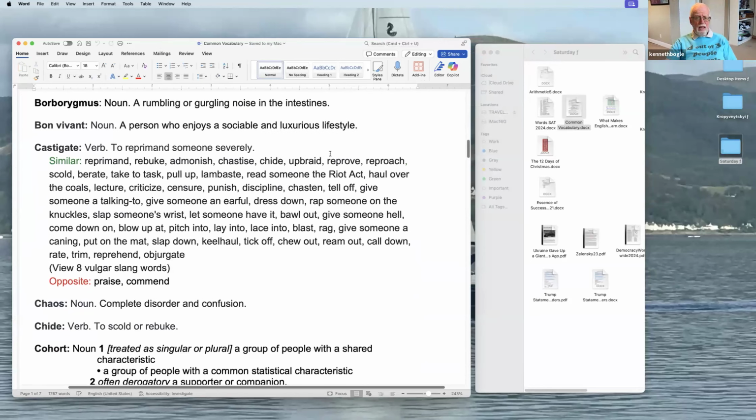Here's an example of a word, castigate, to reprimand somebody severely.